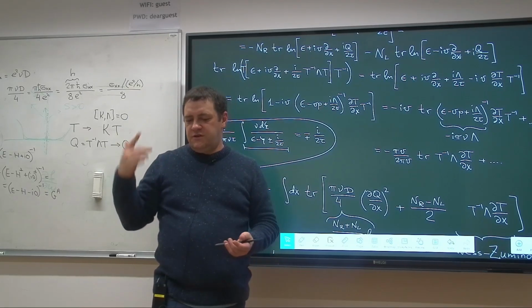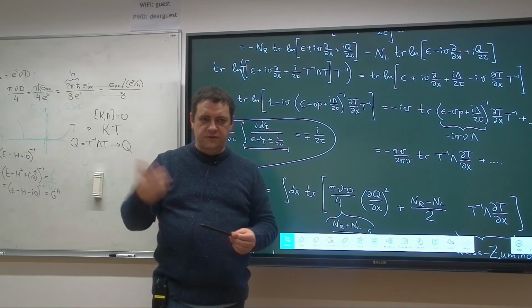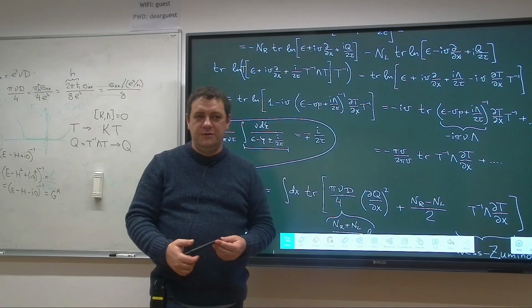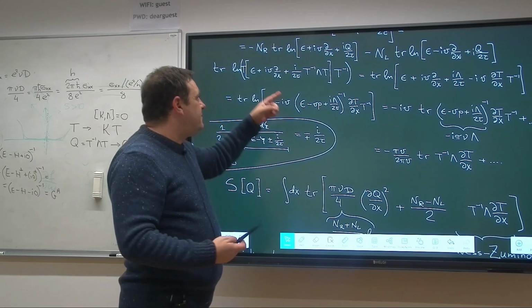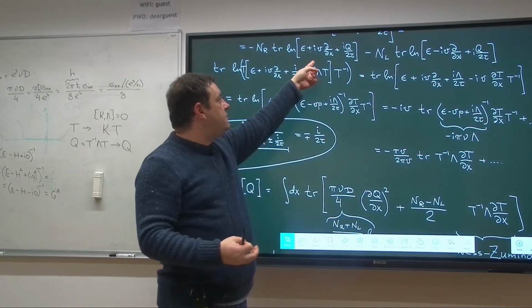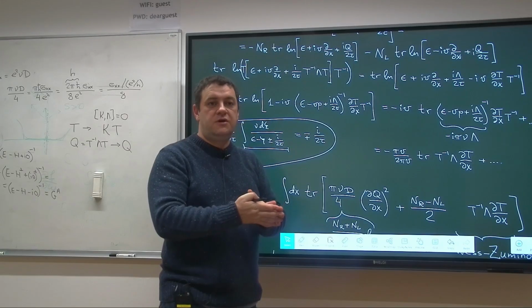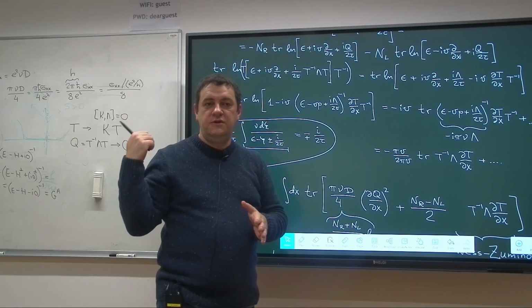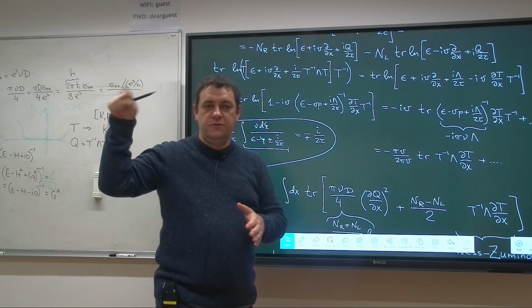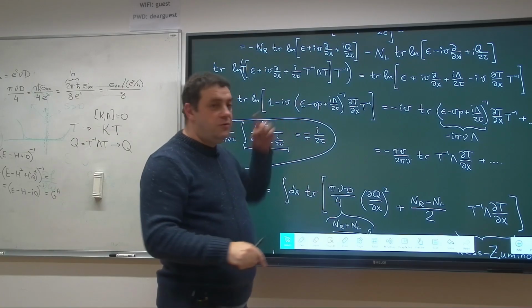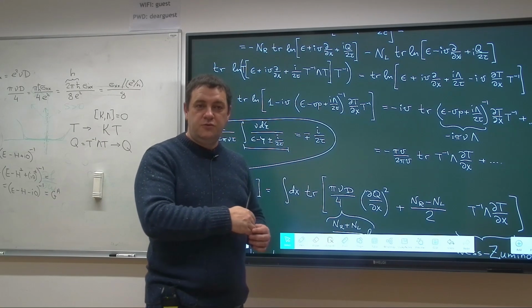This is well studied in high energy physics under the name of chiral anomaly, because they have a very similar thing. It's like the Dirac Hamiltonian, and the Dirac Hamiltonian is also linear in momentum. It's gamma times p. So whenever you take a determinant of a Dirac operator, you always have this problem.